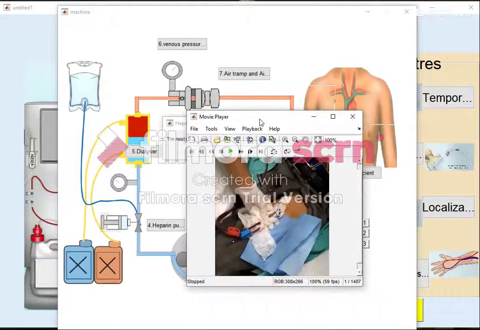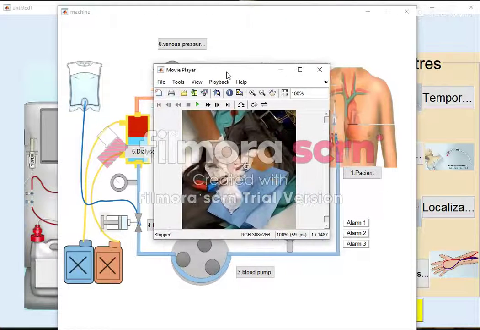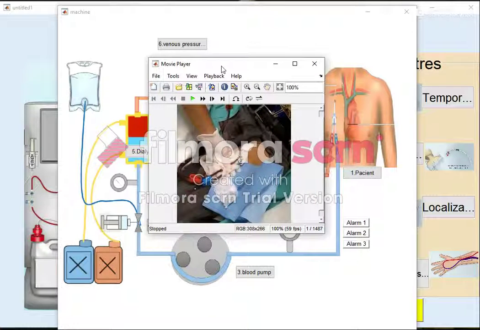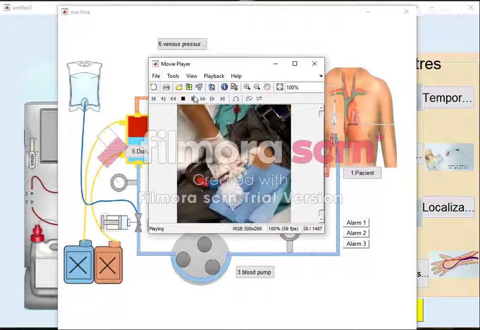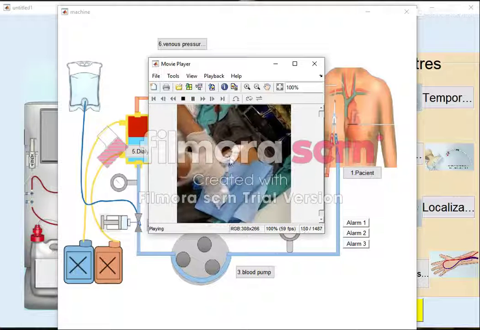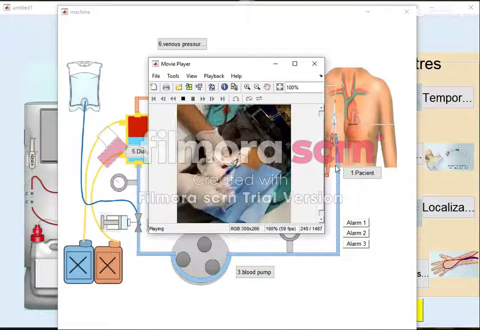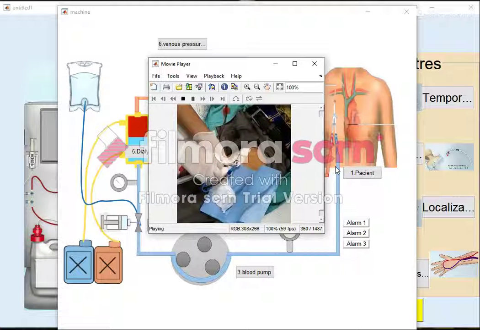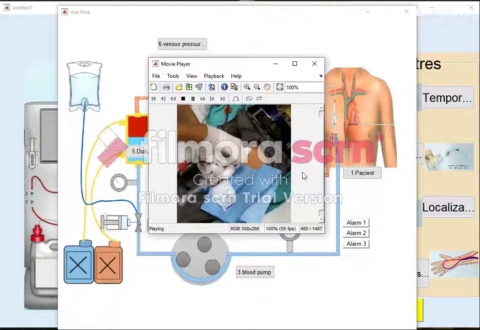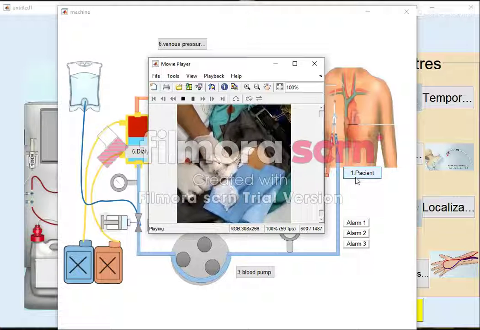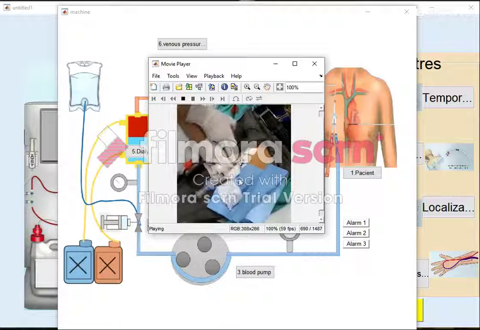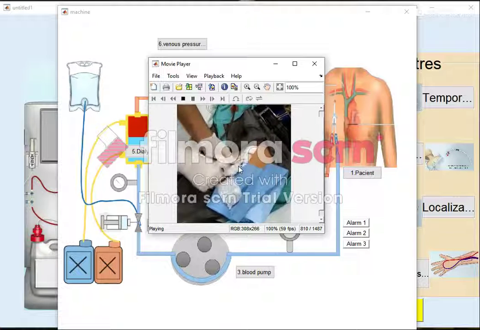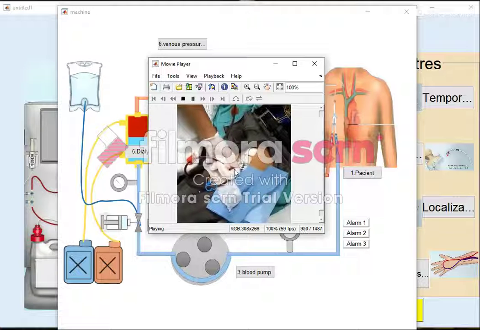It is very important to the system of the hemodialysis machine. We can see the idea in this video, the same catheter used at the last point, applying the heparin, and the difference with the heparin and the patient.